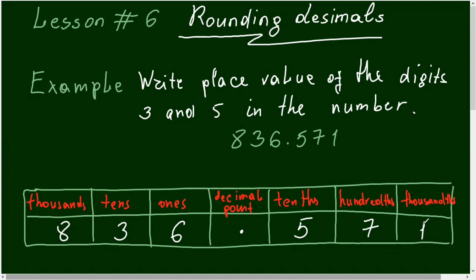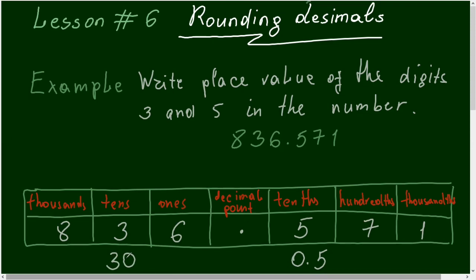So the digit 3 is in the tens place. Therefore its place value is 30, and the digit 5 is in the tenths place. Therefore its place value is 0.5, and the place value of 3 is 30.